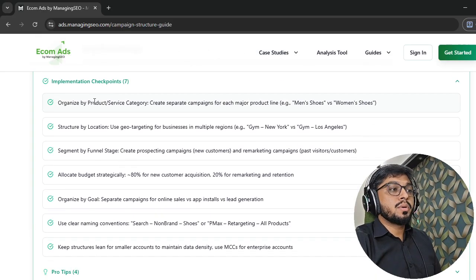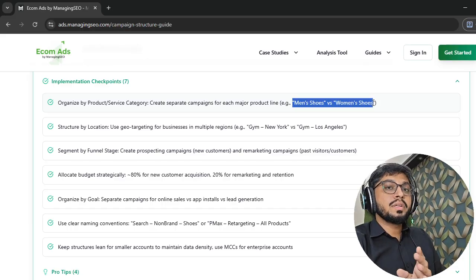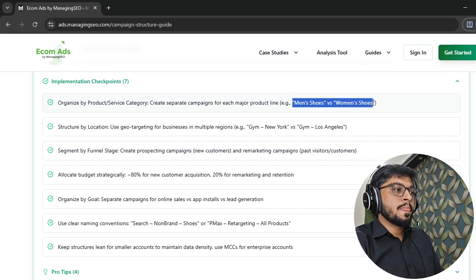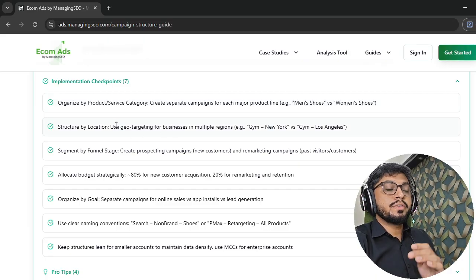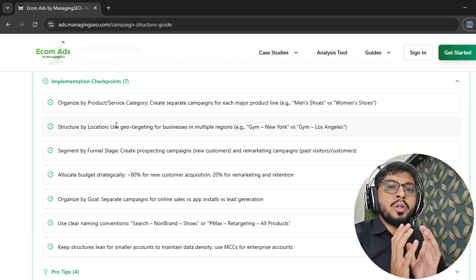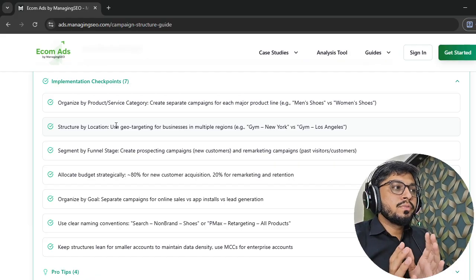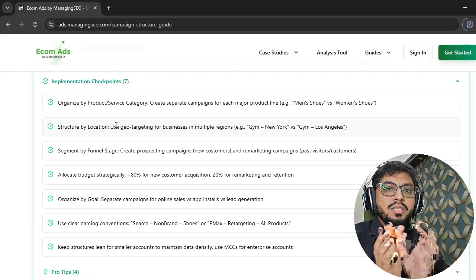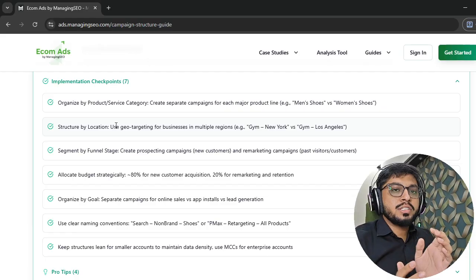For example, organized by products. If you have products like men's shoes and women's shoes, then build separate campaigns for these. And if you are targeting different locations, here you need to understand one major concept. I'm not creating a rule of thumb for categorizing the products or categorizing locations or categorizing the funnel stage.